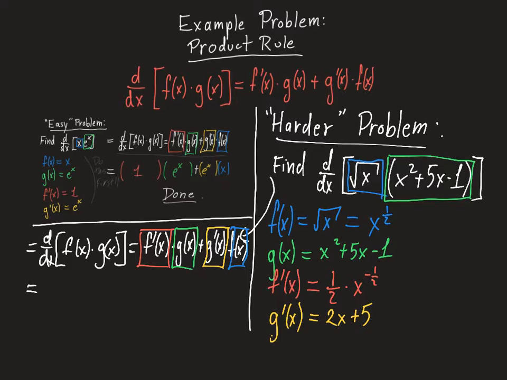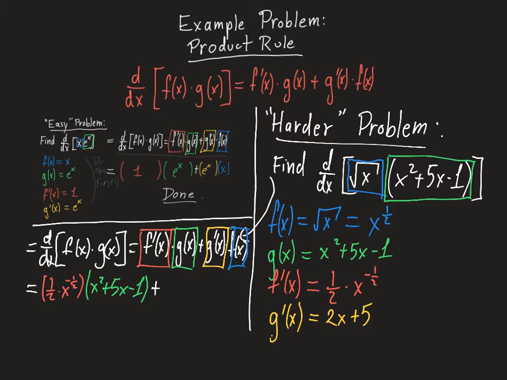All right, we have first off in red our function f prime of x, which is 1/2 times x to the negative 1/2. Next off, we have our function in green, which is x squared plus 5x minus 1. Next, we have just an addition sign.